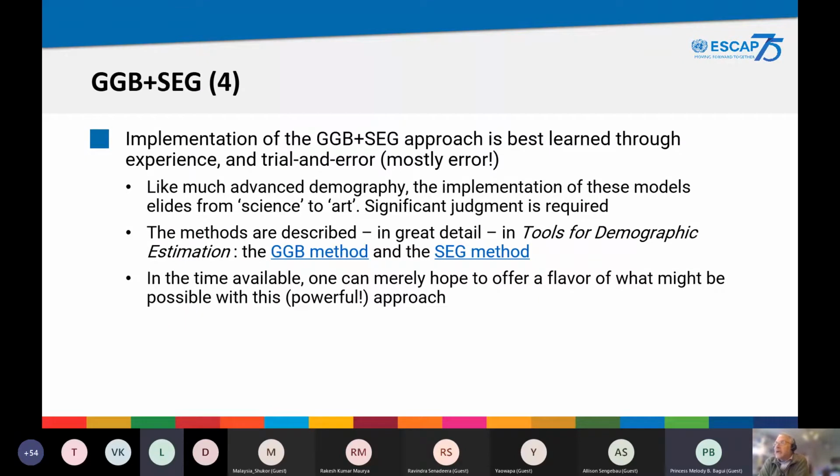The methods are described in very great detail, both mathematically and with worked examples, in the Tools for Demographic Estimation. I've provided the direct hyperlinks to both the GGB method, the generalized growth balance, and the synthetic extinct generations method in the slides here. And as always, the slides are available in PDF format on the Google Drive under Instructional Material.